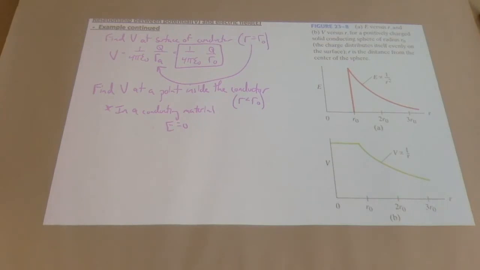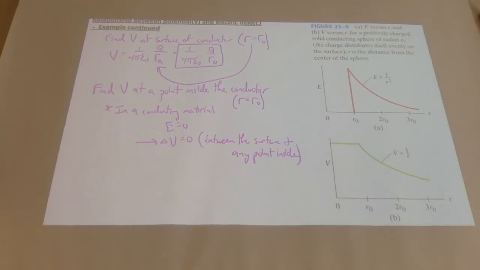If the electric field is equal to 0, then we can also say that delta V is equal to 0. Delta V is equal to 0, and that's between the surface and any point inside.